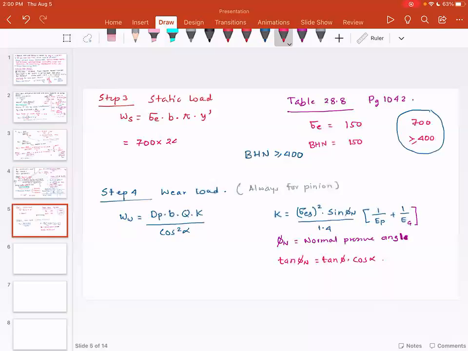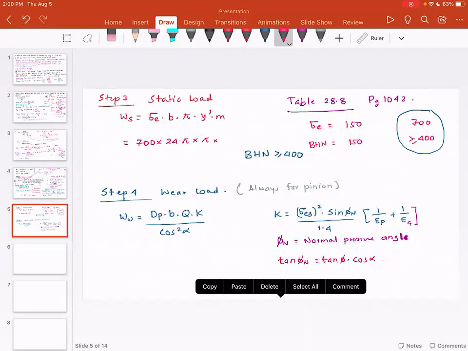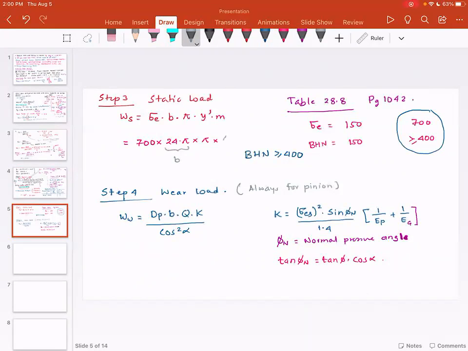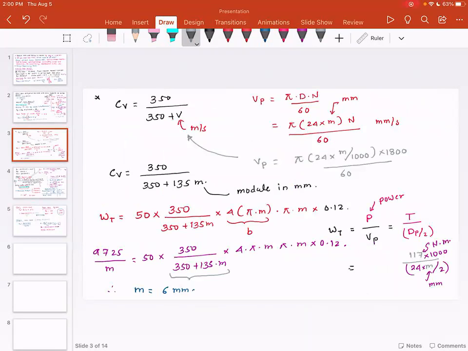B value is 24 times pi multiplied by pi. I forgot one M here, multiplied by M, which is 6, and Y is 0.12. So the module is 6 millimeter.